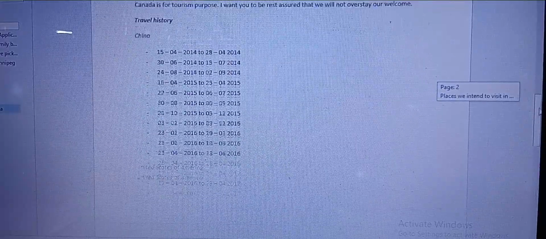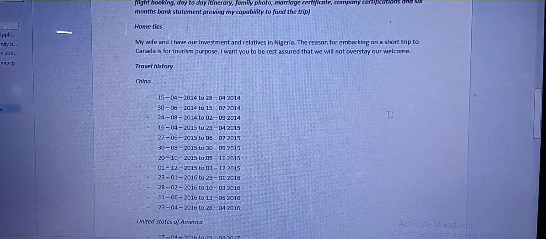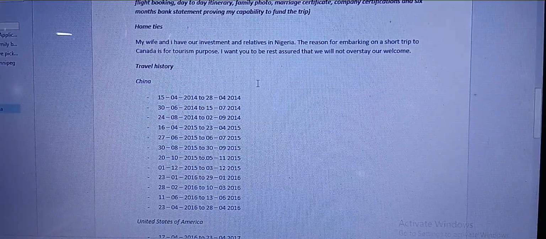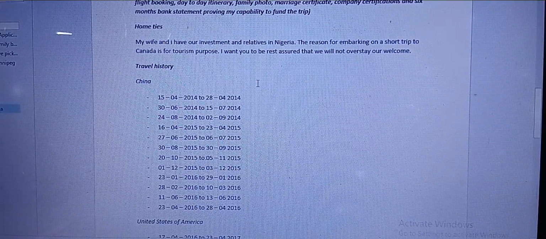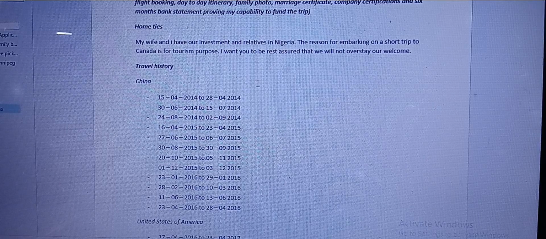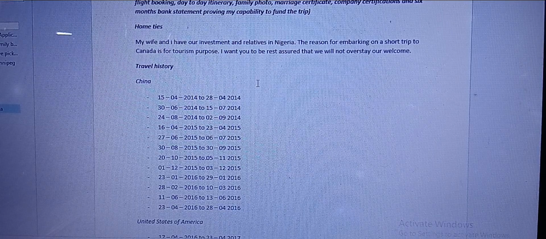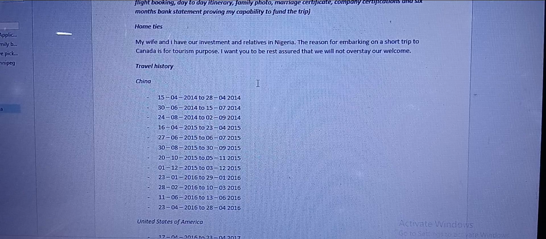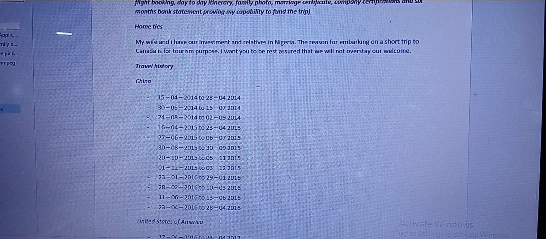So the next paragraph, which is very paramount, is home ties. This is where you tell the embassy why they should not be afraid. What do you have back at home that will make you go back to your home country? The embassy really wants to know.